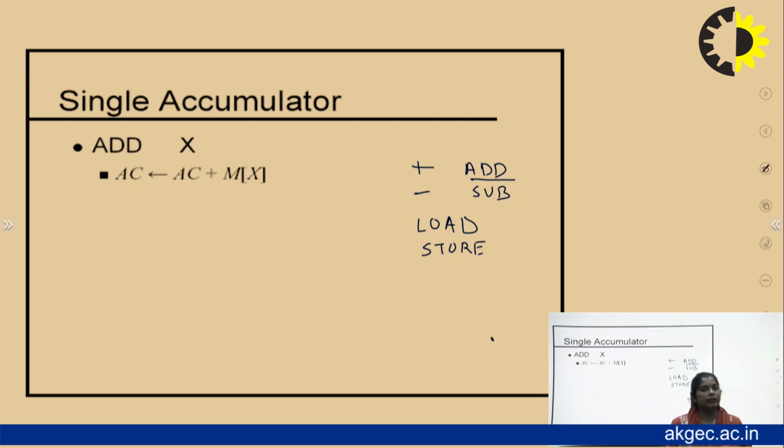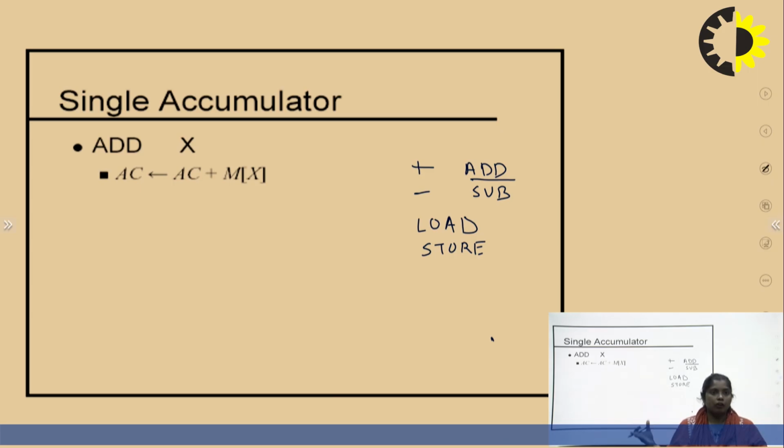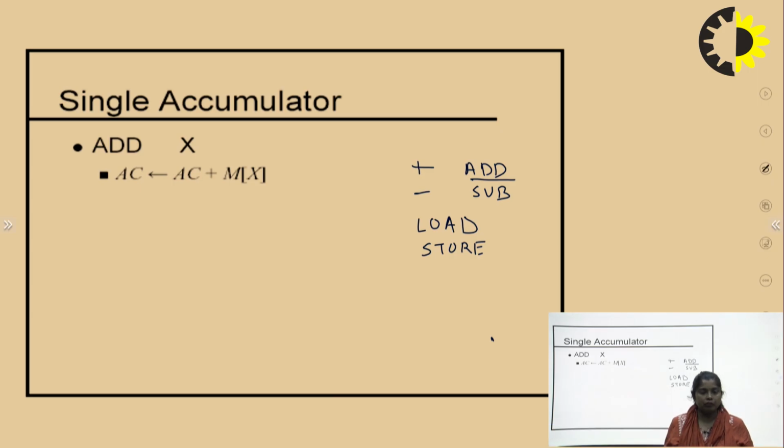As we know, micro operations are the operations executed on the content stored in the register. Whatever content is stored in the register, when you perform operations like addition, subtraction, multiplication or division, these are called micro operations.